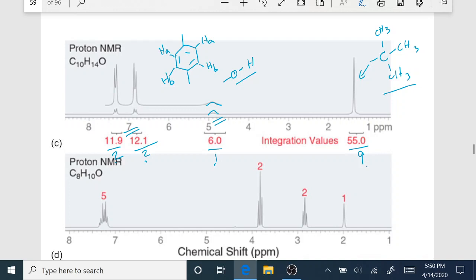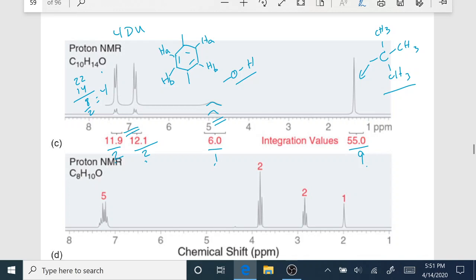And if we look at our molecular formula, C10H14O, how many degrees of unsaturation do we have? 2 times 10 is 20 plus 2 is 22. And 22 minus 14 is 8. 8 divided by 2 is 4. So we have 4 degrees of unsaturation. That matches a benzene ring exactly.